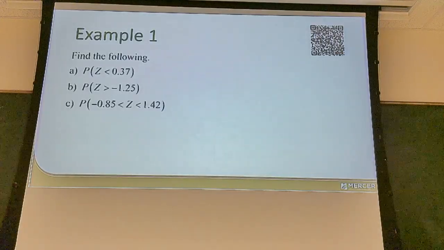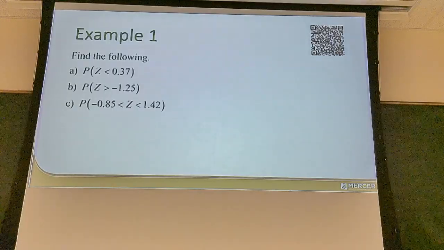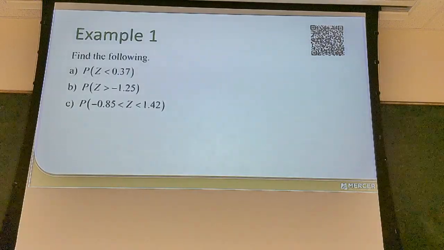Remember, capital Z is the standard normal. So we want the probability that Z is less than 0.37.